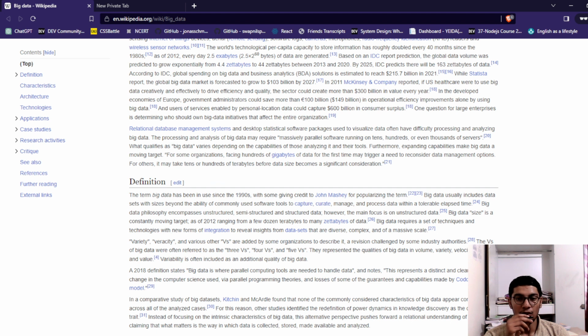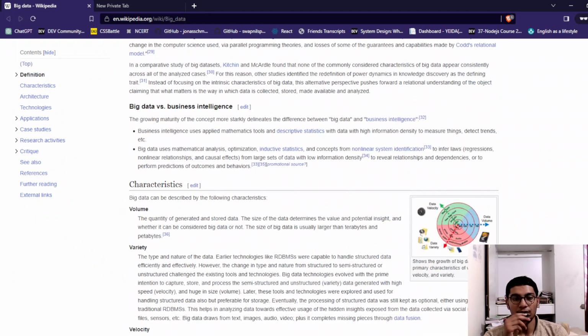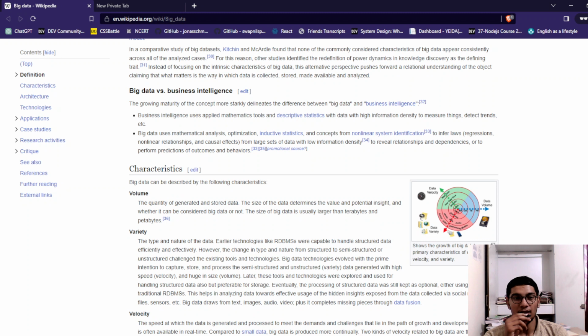Big data requires a set of techniques and technologies with new forms of integration to reveal insights from data sets that are diverse, complex, and of massive scale. Variety, veracity, and various other Vs are added by some organizations to describe it. A revision challenge is often big data versus business intelligence. The growing maturity of the concept more starkly delineates a difference between big data and business intelligence.